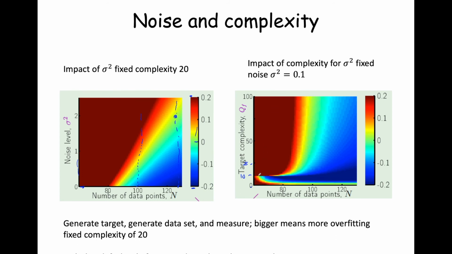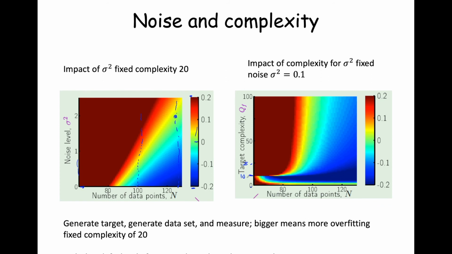So let's take a look at some numbers. Here, along the horizontal axis, we have the data set size, and the vertical axis is target complexity. This is QF, the upper bound of that summation defining the Legendre polynomial. Here, that's 10, a target function complexity of 10.